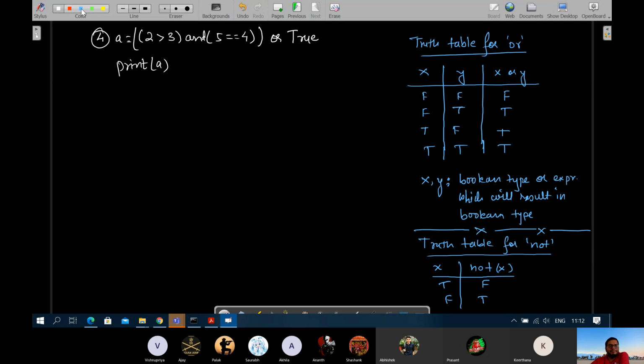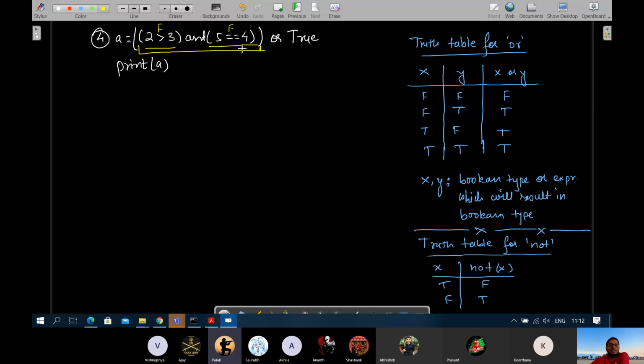Palak? What will be the result of 2 greater than 3? False. Okay. What is 5 double equals 4? False. So tell me, what will be the combined result of this?